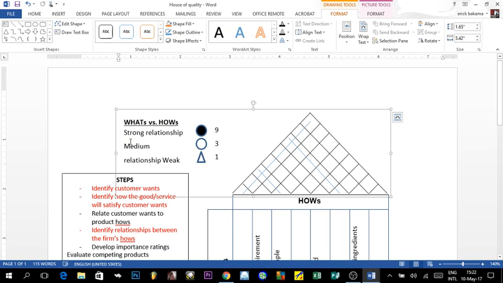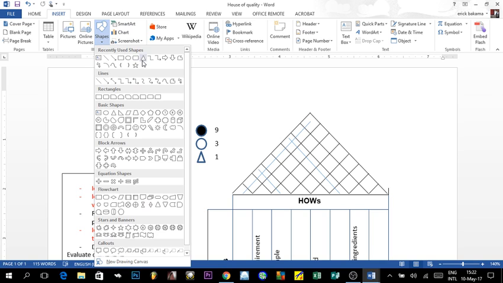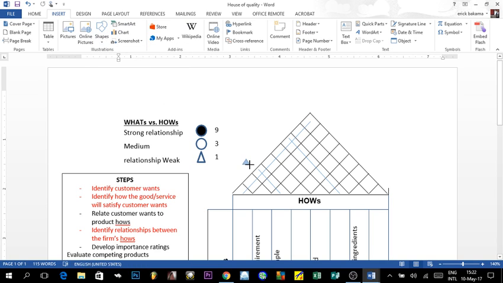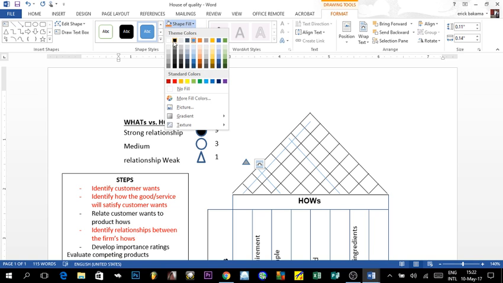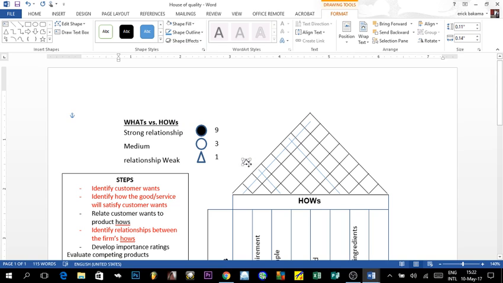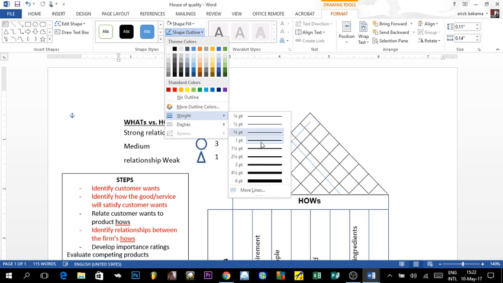Now we look at our legend. It says that whenever we have a low relationship, we need to use a triangle. Now we are going to insert a triangle on that part. This is our triangle, and it fills in white. We are going to put it only where these things meet, somewhere here. Let me put the outline in red, because it's still blue and I want it to be visible.